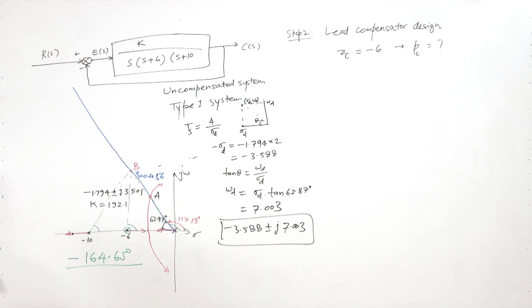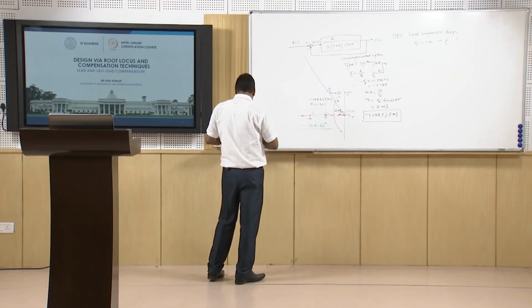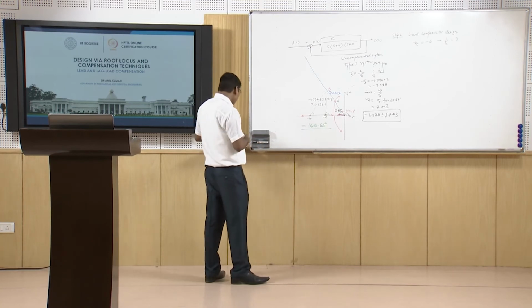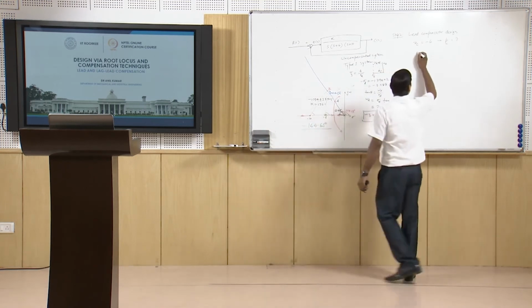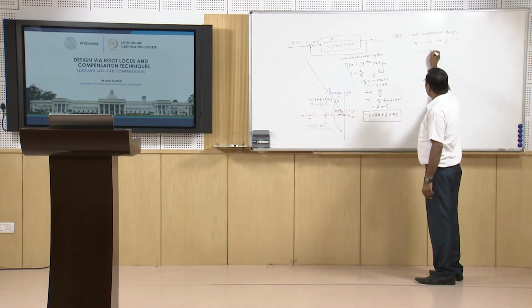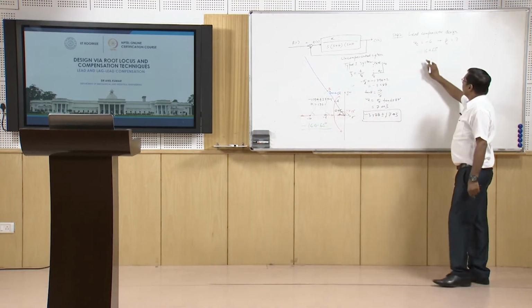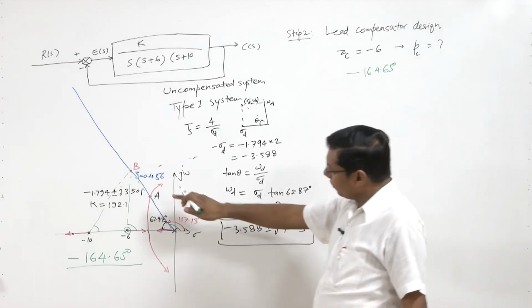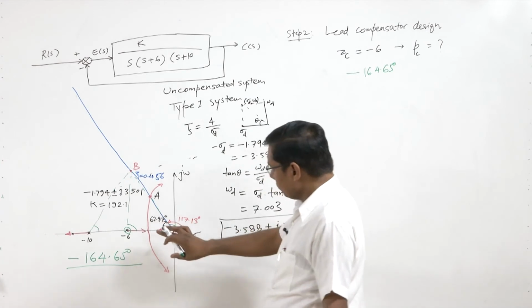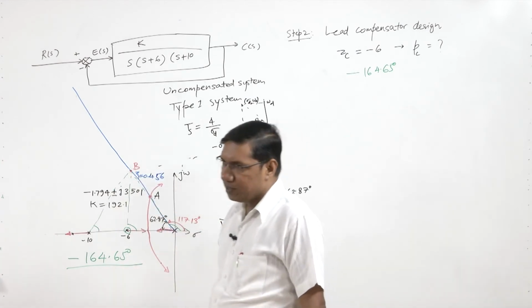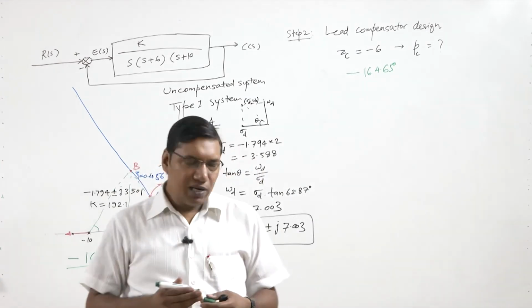So the sum of angles to the design point from the uncompensated system poles and 0 and the compensator 0 is coming minus 164.65 degree. Now if we want this point to pass through the root locus, this point must make an angle of minus 180 degree.